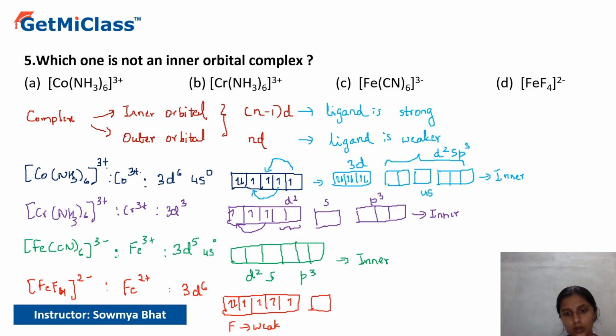So this is going to use the sp3 hybrid orbitals. So the hybridization which is observed here would be sp3, and this is not an inner orbital complex. So the answer would be this one, [FeF4]2-.